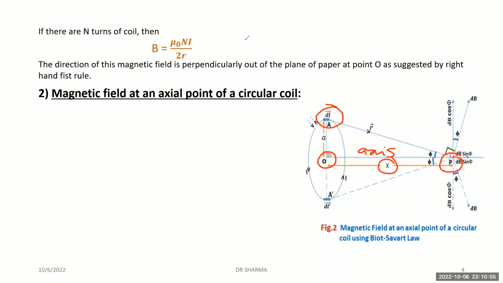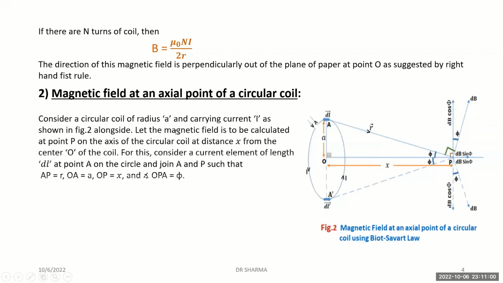After joining, you have some geometrical values. Check there. AP is equal to R, OP is equal to X, and OA is equal to small a, the radius of the circle.